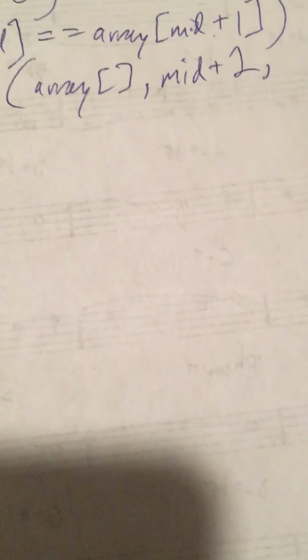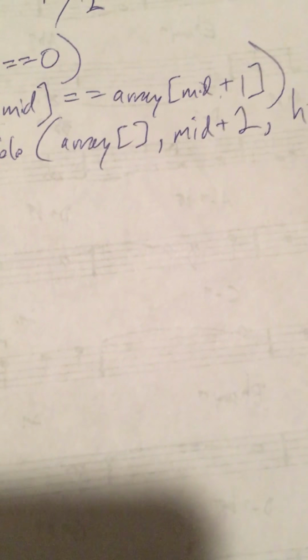We're going to use the same array though, so I guess I could just make that a global variable. That would save memory, I guess. But anyway, since we've already looked at mid and mid plus 1, we can jump up to mid plus 2, and that will be our new low. And then we keep high as is.